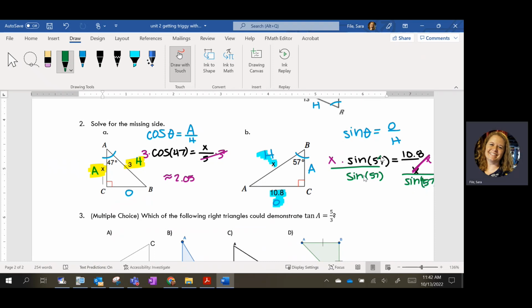So that gets rid of it over here. So what you end up with, you finally get x by itself. And on the right, you've got 10.8 divided by sine of 57.